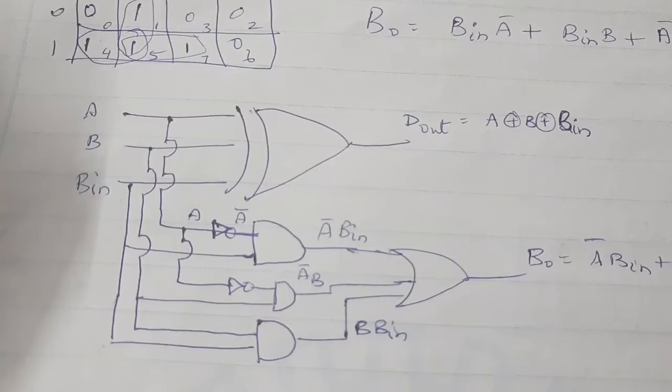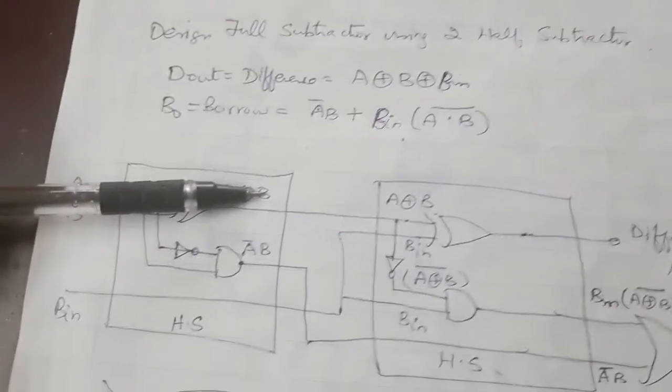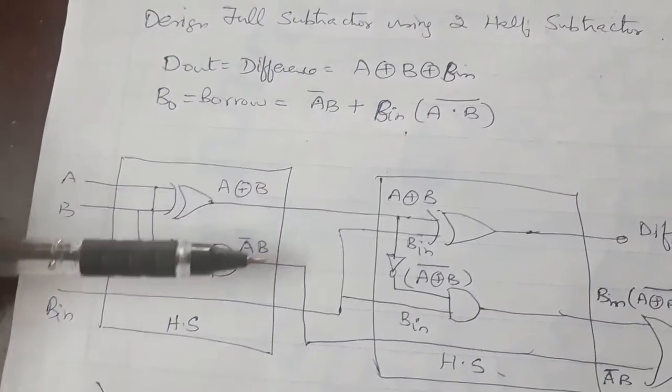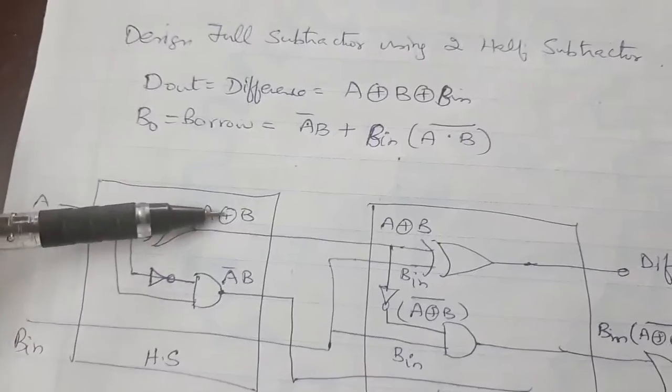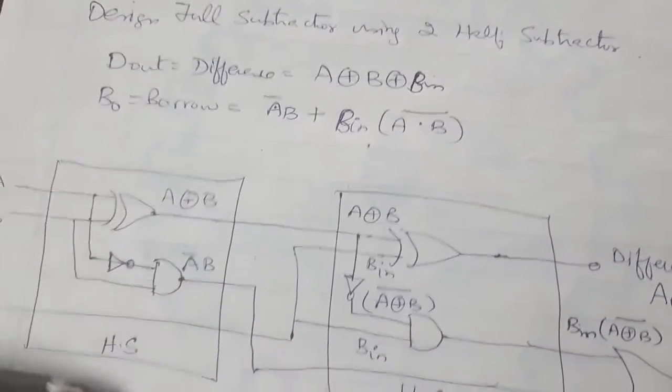Again, you can design this full subtractor using 2 half subtractors. So for 2 half subtractors we know A exclusive OR B, and A bar B. This is the difference, and this is the borrow. In that condition, one half subtractor is over.